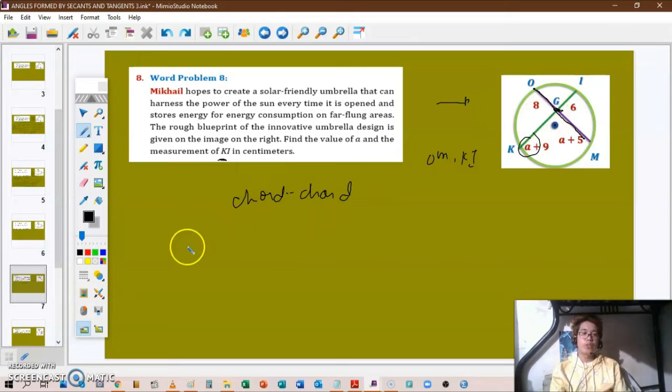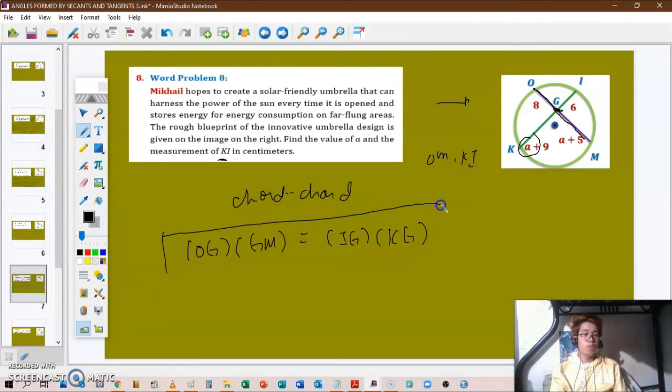So we have here OG multiplied by GM. Those are the two smaller segments that we can equate to the other chord, so that's going to be IG multiplied by KG. Okay, there you go. And then we have our formula here for the chord power theorem.